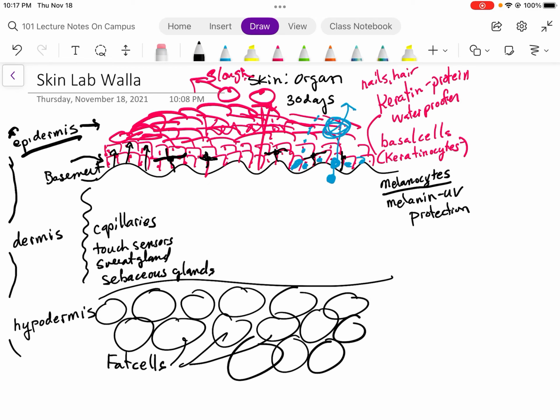And the skin itself produces vitamin D. You need a little sunlight.